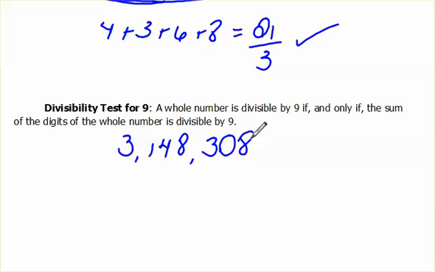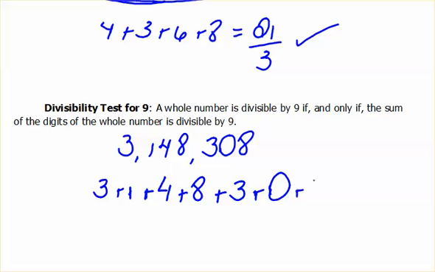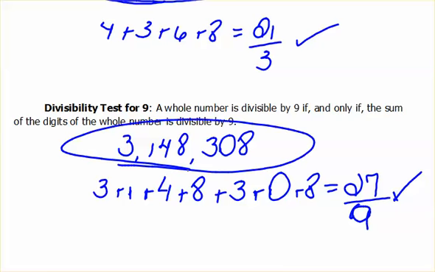If I wanted to know if it was divisible by 9, I would add up all of these digits: 3 plus 1 plus 4 plus 8 plus 3 plus 0 plus 8, and all of that added together, we should get 27. That is divisible by 9, so that means this whole number is evenly divisible by 9.